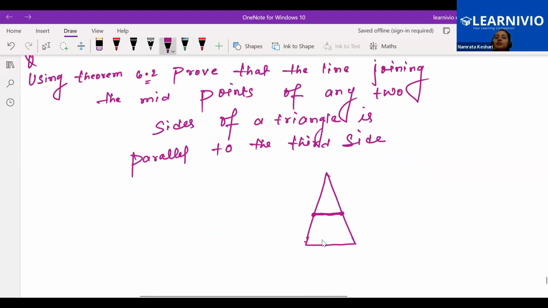That when we join two midpoints of two sides, the line will be parallel to the third side and half of its length. So here it is given that E is the midpoint, and F is the midpoint, and hence we have to show that EF is parallel.